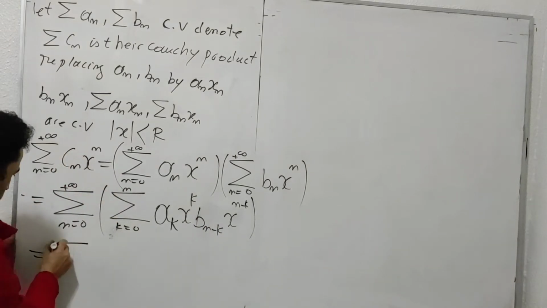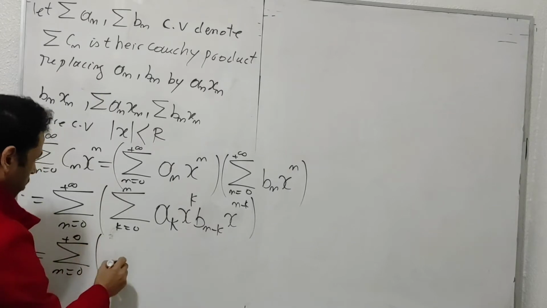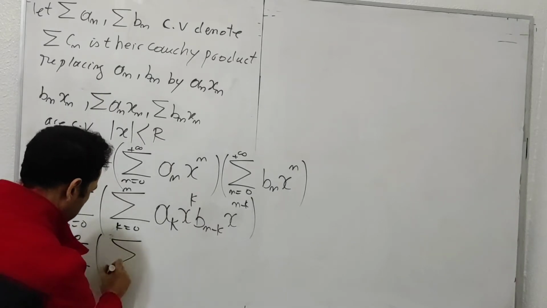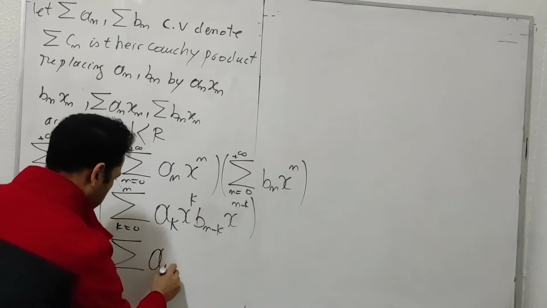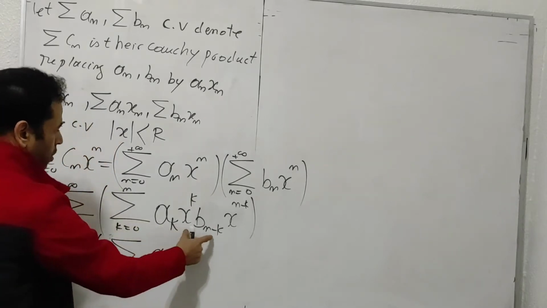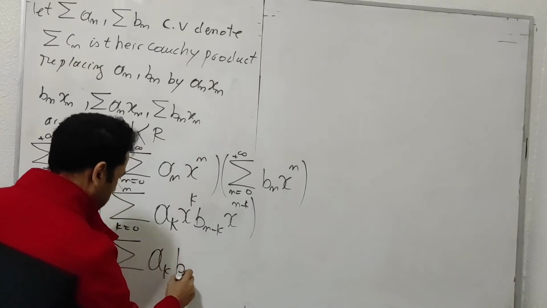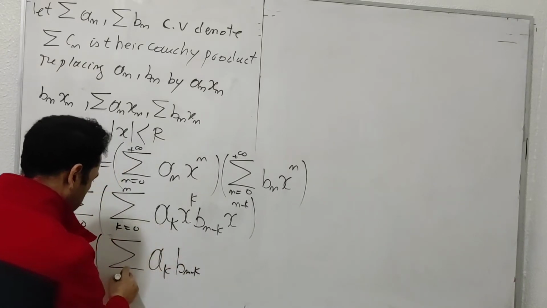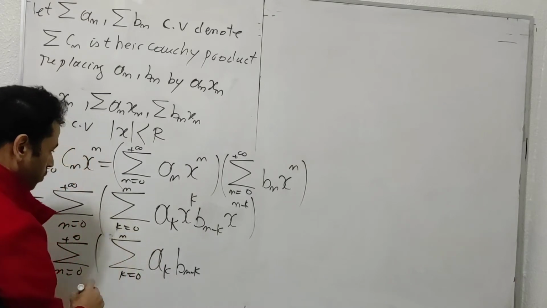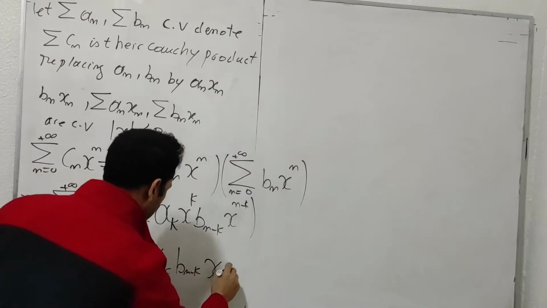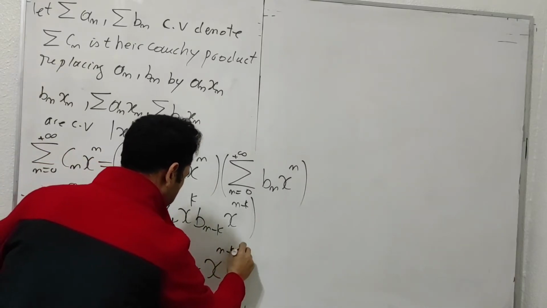So this product, as n goes from 0 to plus infinity, is multiplied by another sum of A sub k. I'm going to put A sub k and B sub n minus k together, so I will have B sub n minus k as k goes from 0 to n, multiplied by x to the n minus k plus k.